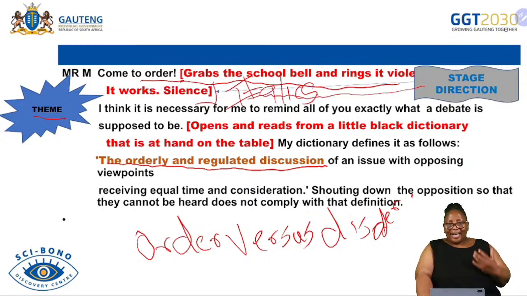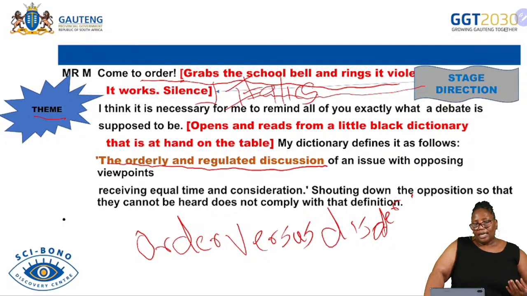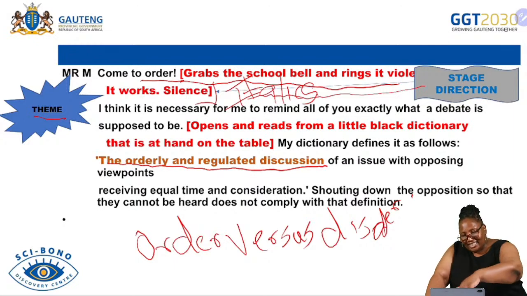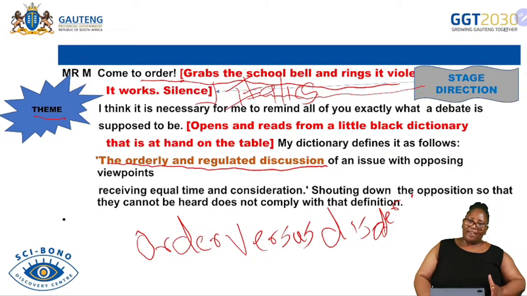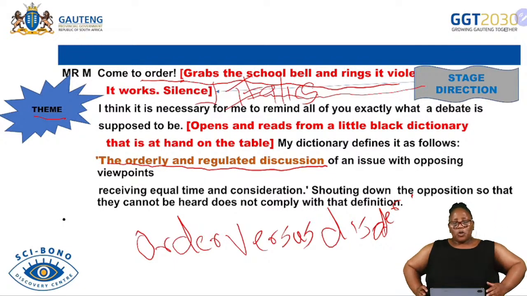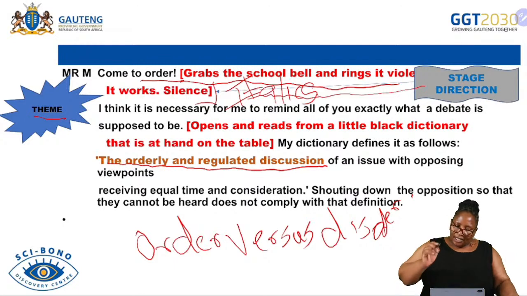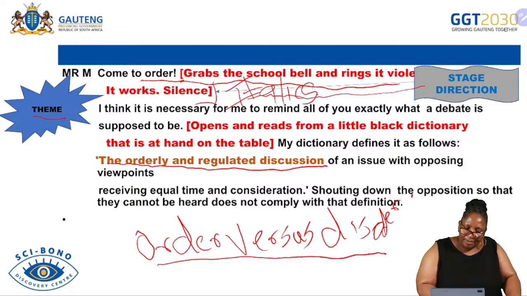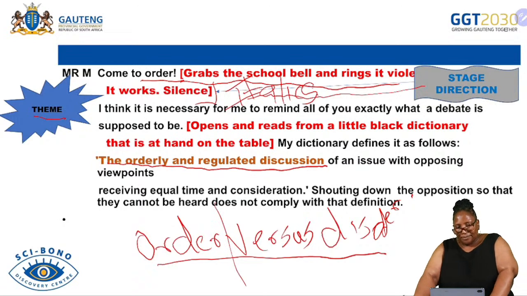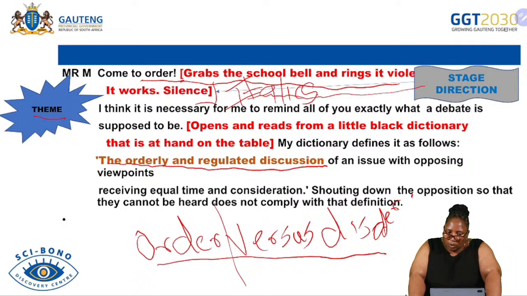So if you are asked in an exam, or if your teacher asks you to comment or to identify a particular theme here, after you have read this extract, you will come to this conclusion that the theme here is order versus disorder. Who's orderly? Mr. M demands that there should be order. And then what does he do?